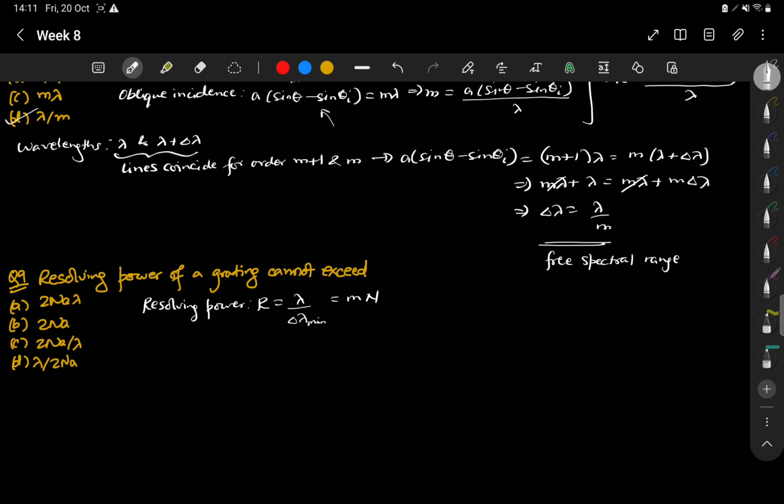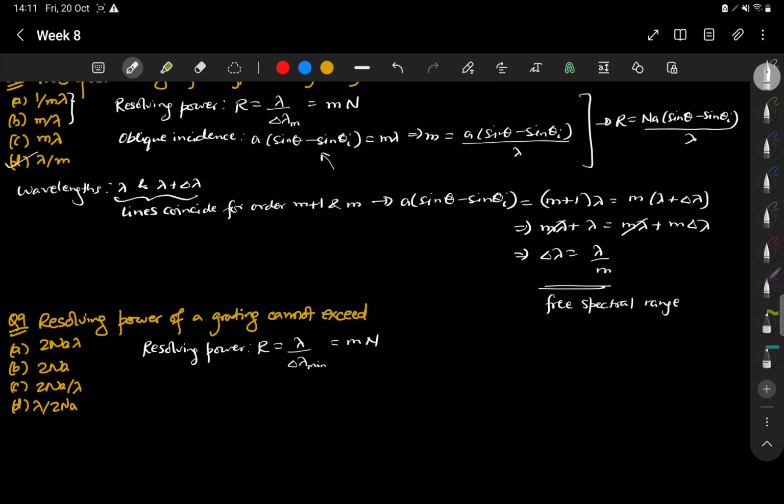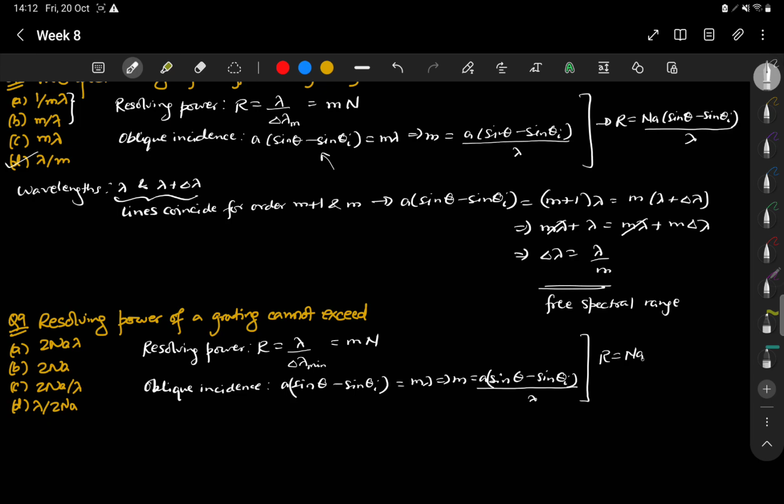And from the oblique incidence equation, combining this gives us R equals the following.